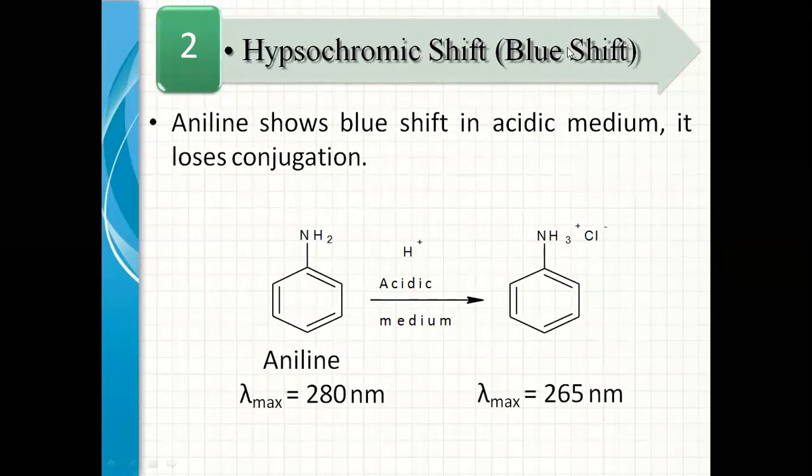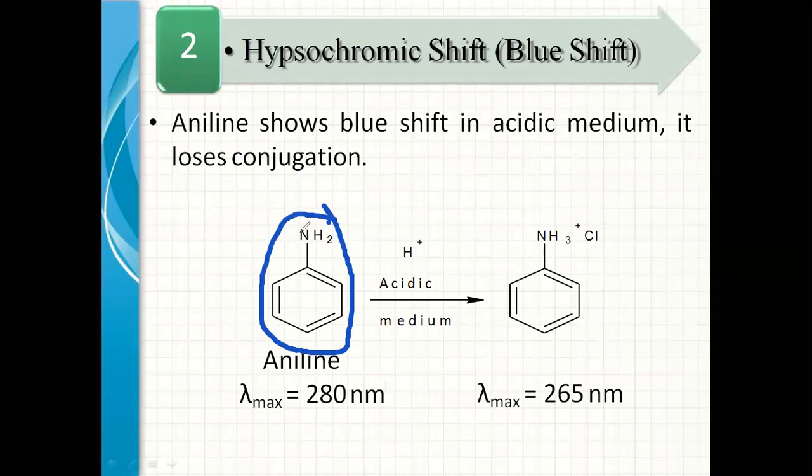Now, aniline. Aniline shows blue shift in acidic medium; it loses conjugation. In this there is conjugation, so lambda maximum is 280 nanometer.